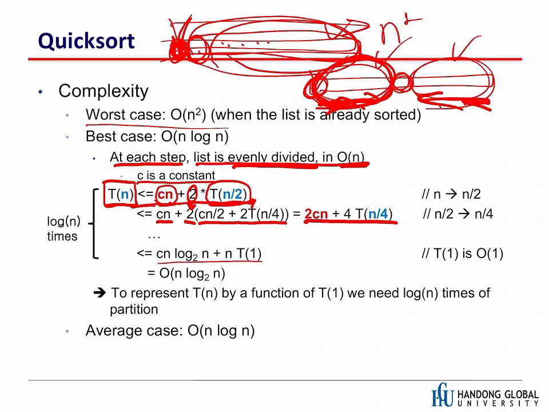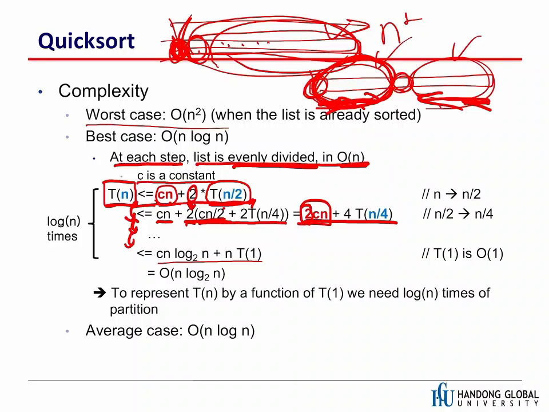If we focus on these terms, then the 2 and 2 cancel each other, and then we have a Cn. So we have 2 Cn here. Every time we go down to the next line, we add another such term.